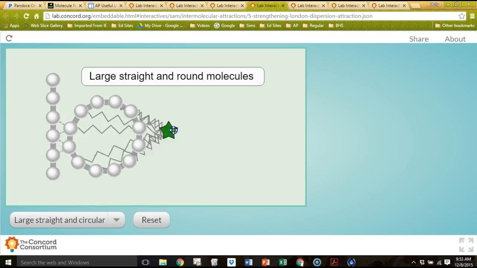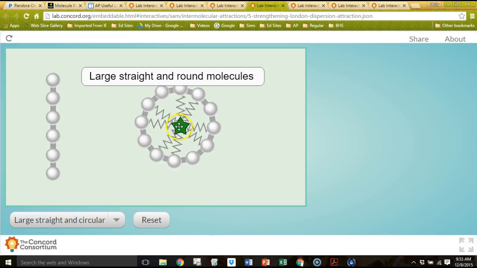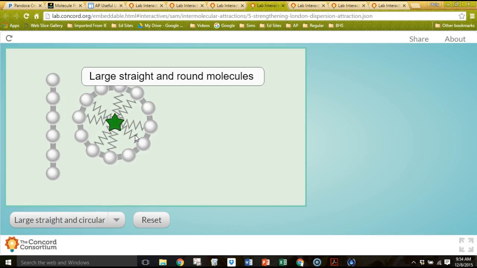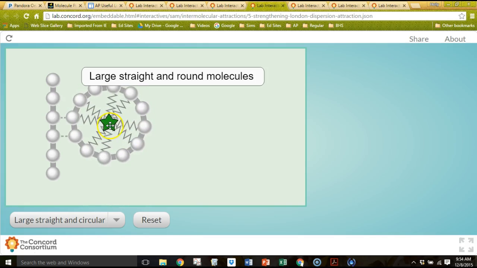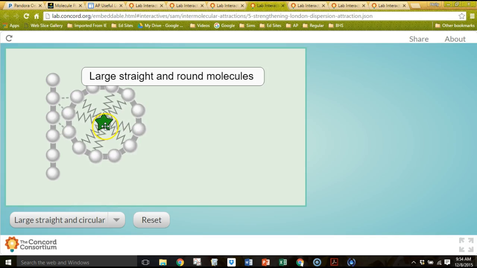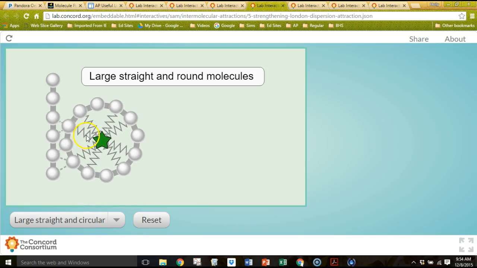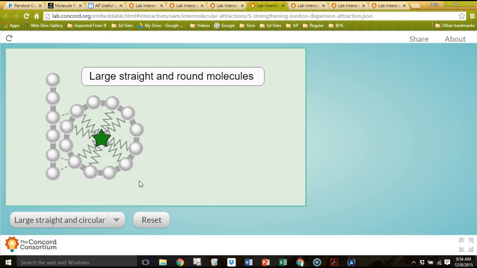So that's what this was kind of getting us to take a look at. So again, we're looking at nonpolar molecules. It's not just as cut and dried as, oh, it's nonpolar, there's only dispersion forces. The larger the molecule, the more contact that we have between the molecules, the stronger those attractions will be. So we have to keep that in mind and not just think of it as dispersion forces are weak and always weak.